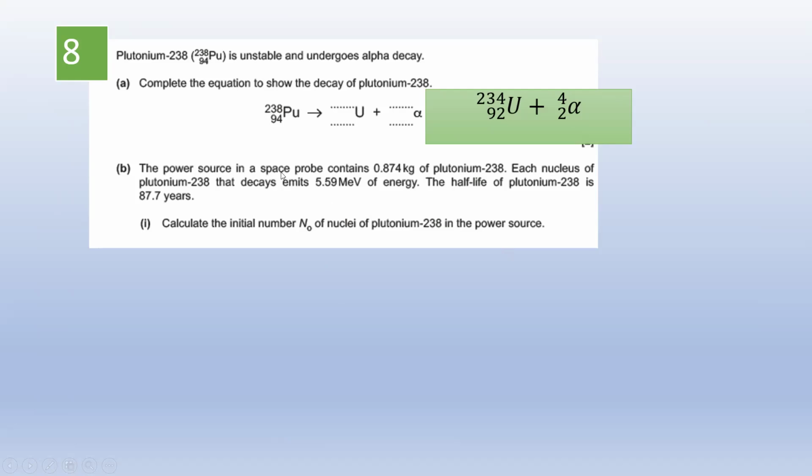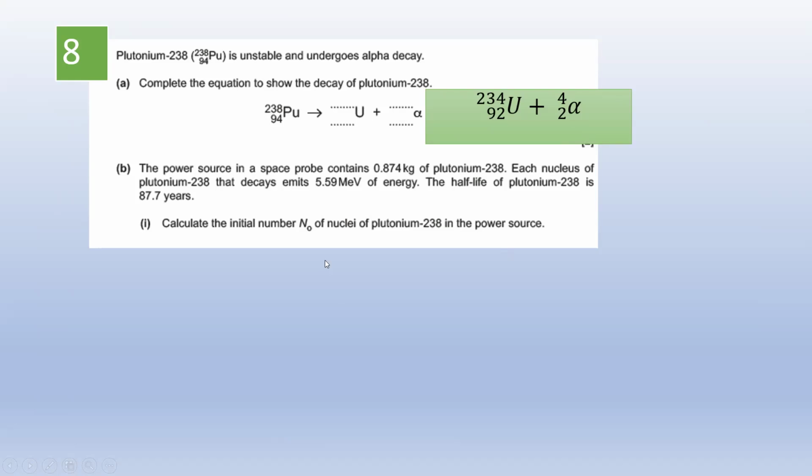Our source in a space probe contains 0.874 kg of plutonium-238. Each nucleus of plutonium-238 decays and emits 5.56 mega electron volt of energy. The half-life of plutonium is 87.7 years. This reaction releases this amount of energy.